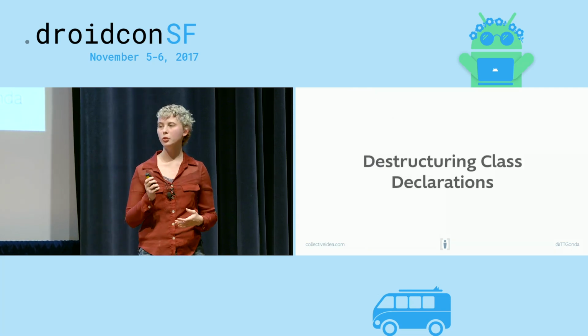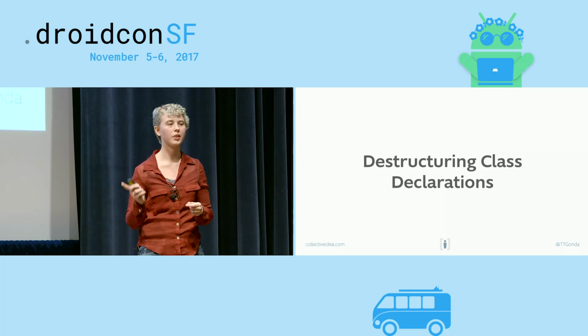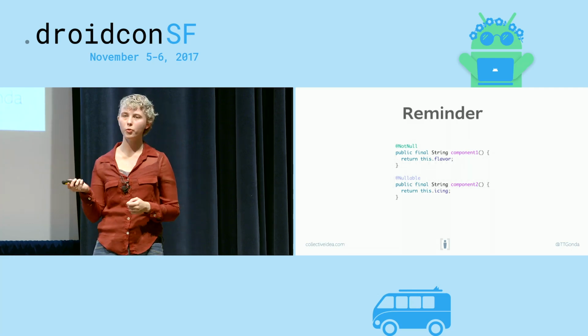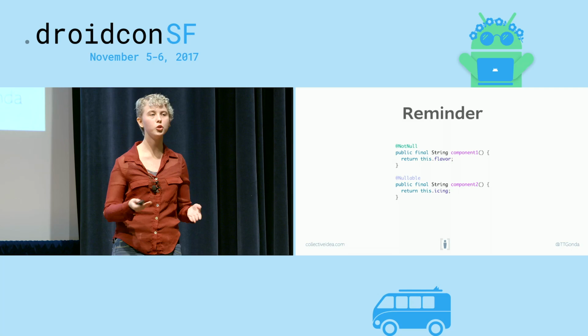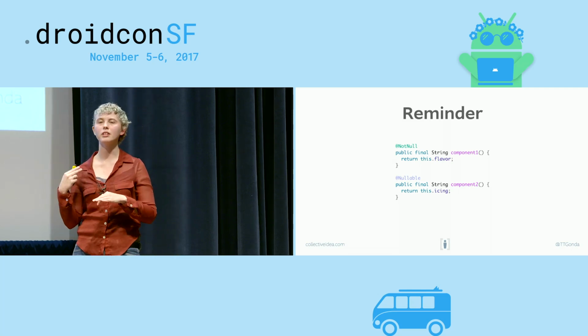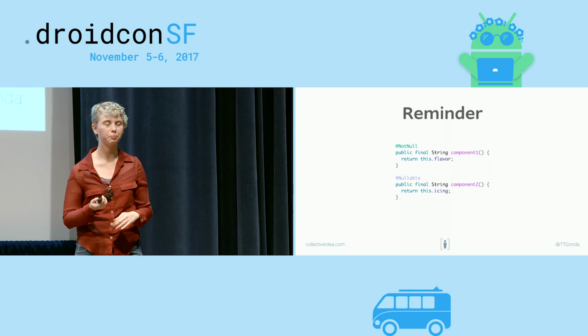Now, we saw those components, and I mentioned this word, destructuring class declarations. So let's look at that real quick. These were the component1 and the component2 that we saw before that return the 2 properties. When you have a data class, there's a component1, component2, component3, and so on, for each of the public properties.